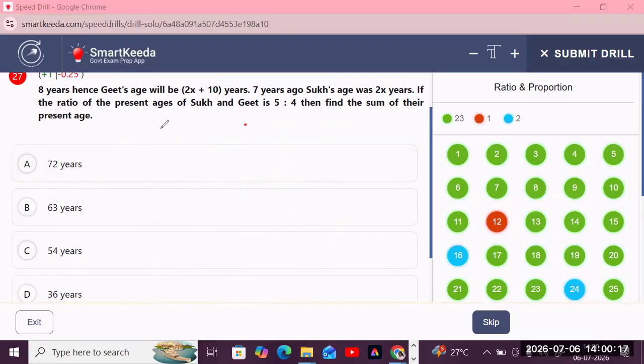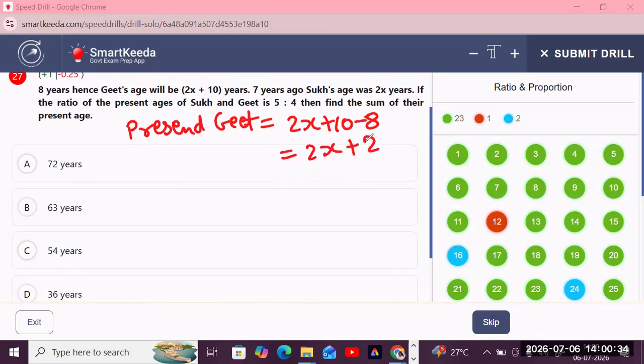8 years hence, Beat's age will be 2x plus 10 years. So present age of Beat is 2x plus 10 minus 8 is equal to 2x plus 2. 7 years ago, Suk's age was, Suk's present age is 2x plus 7.